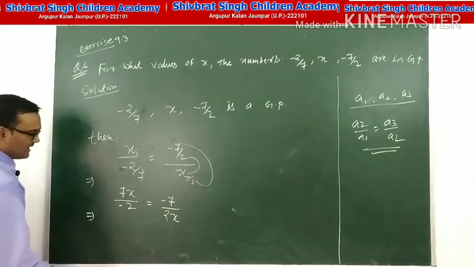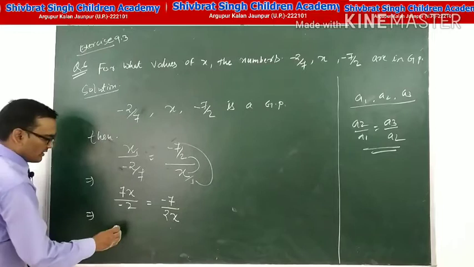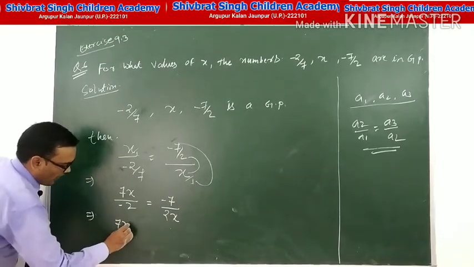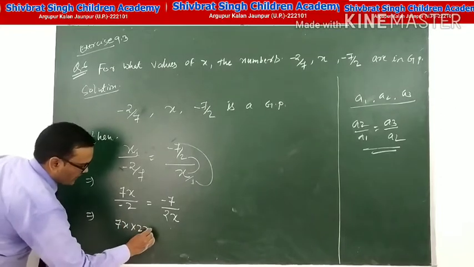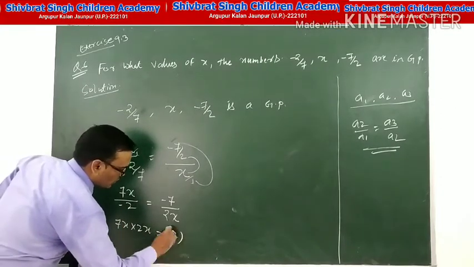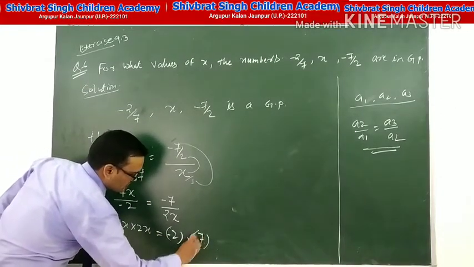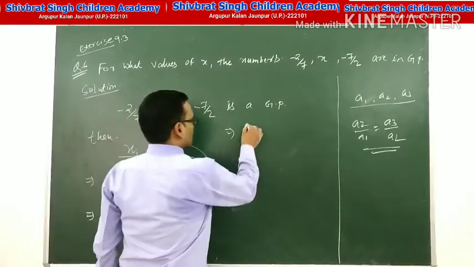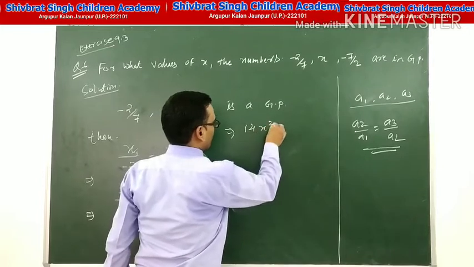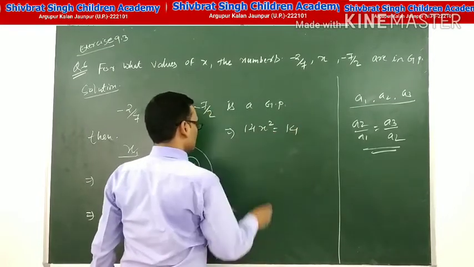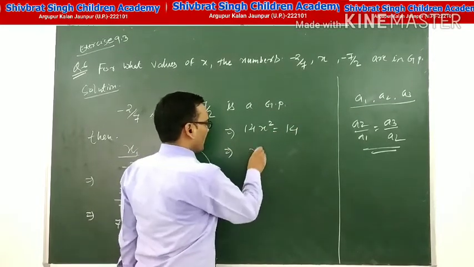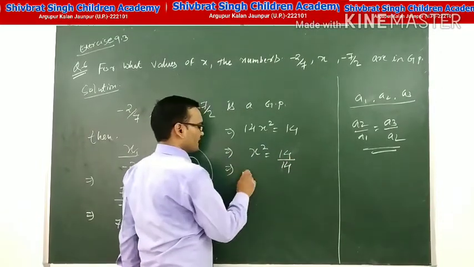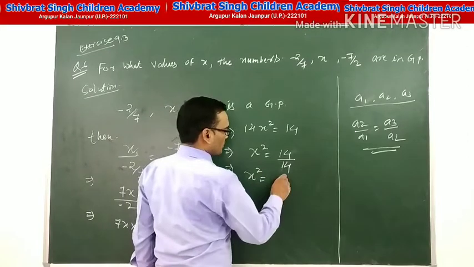This implies that 7x multiplied by 2x equals -2 multiplied by 7. This implies that 14x square equals 14, so x square equals 14 upon 14, which is 1.